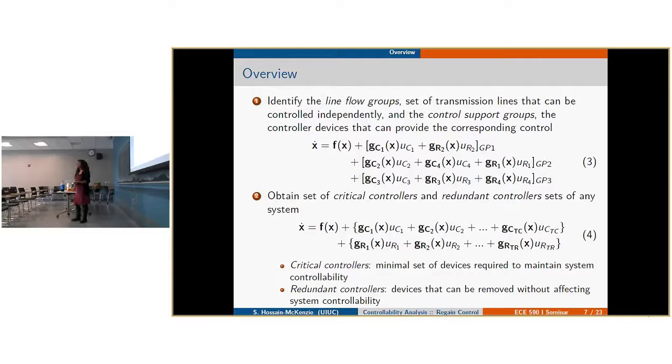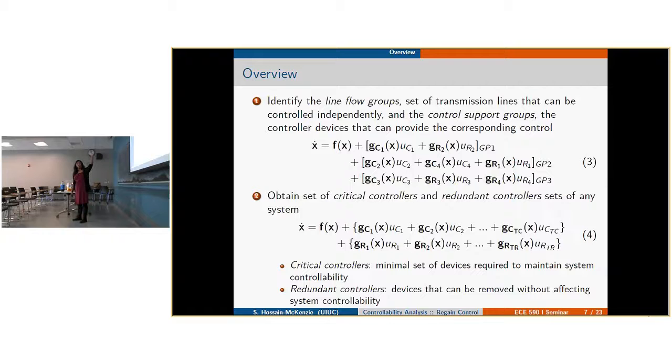And so our approach has 2 aims. The first aim is that we identify the line flow groups, so the sets of transmission lines that can be controlled independently, and the control support groups, so the controller devices that can provide that control. And so in terms of that control dynamical equation I gave earlier, we want to decompose the effects of the control, the summation of GI of X UI, into groups.